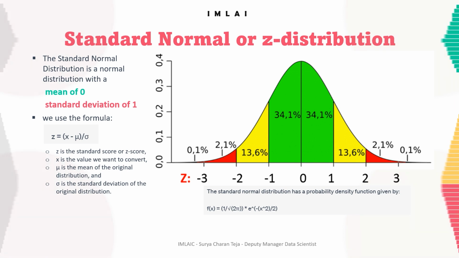Many statistical tables and software packages provide information about the standard normal distribution, such as the probability of a value falling within a certain range or the critical value for a given significance level. So now let's look into the Z distribution curve.